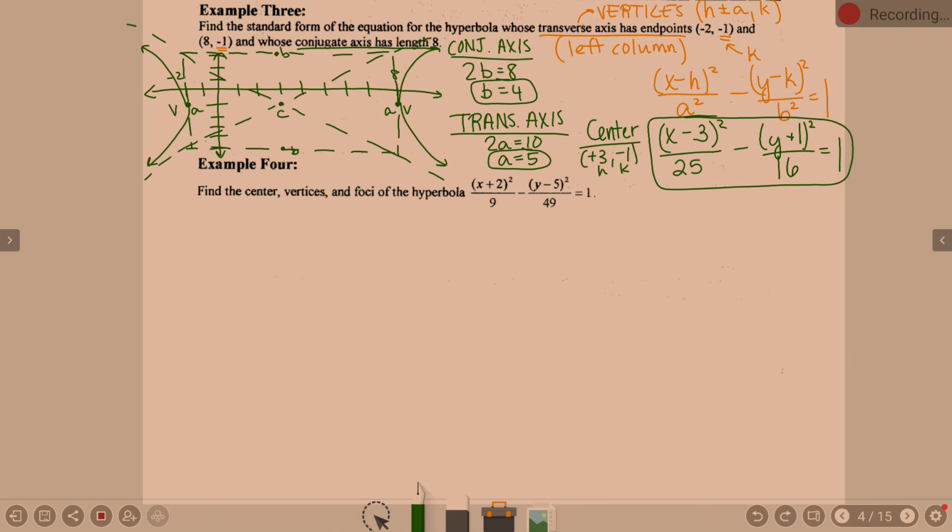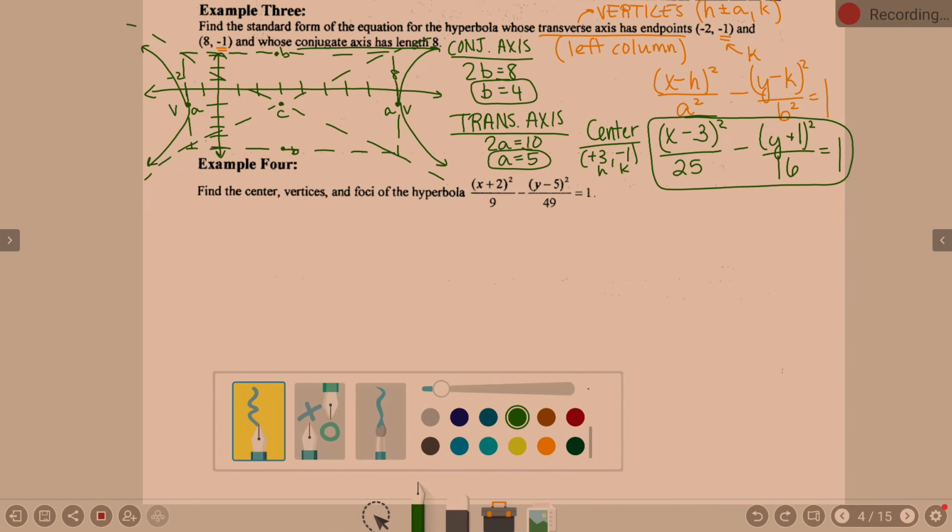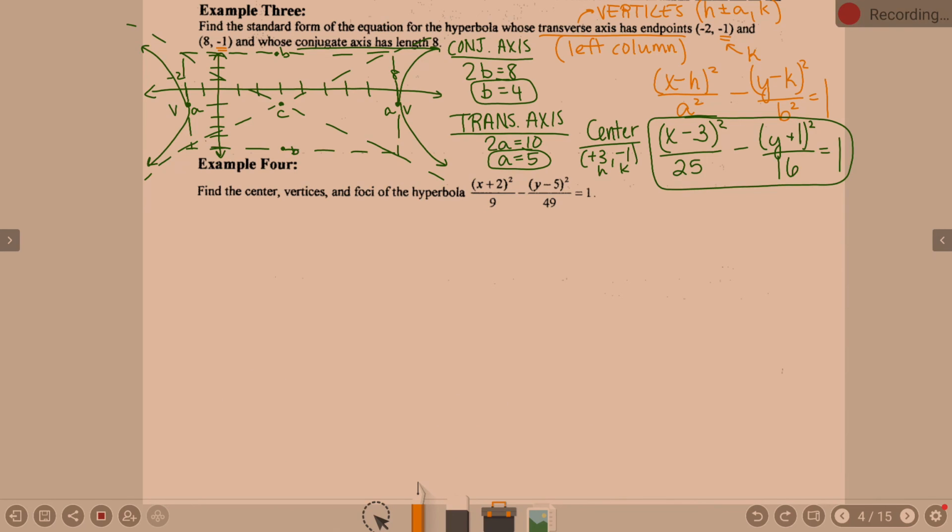They give us an equation, and they ask us to find center, vertices, and foci. So it really comes down to identifying all your information so you can find them. Which column would you call this? I'd say it's left-hand. Why?